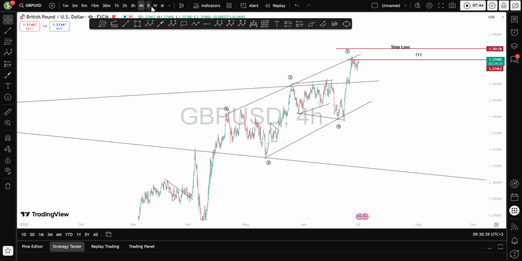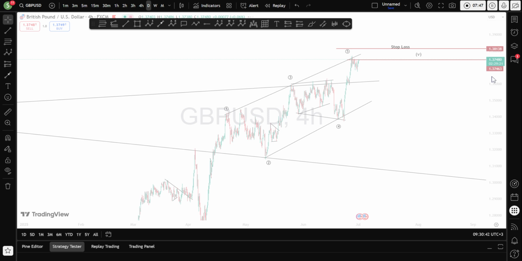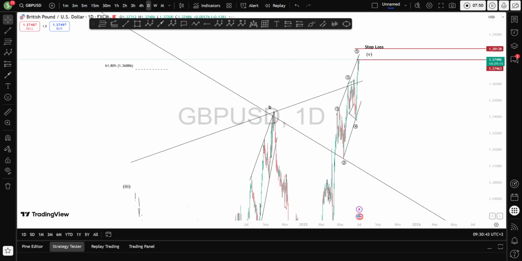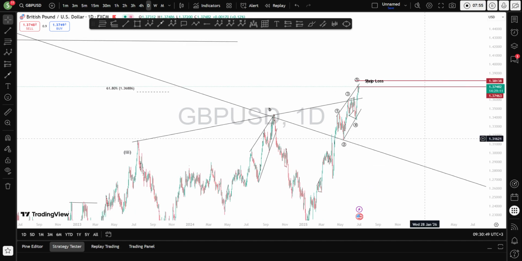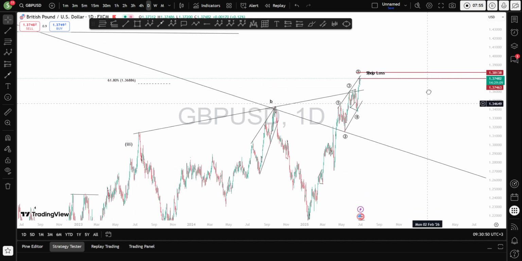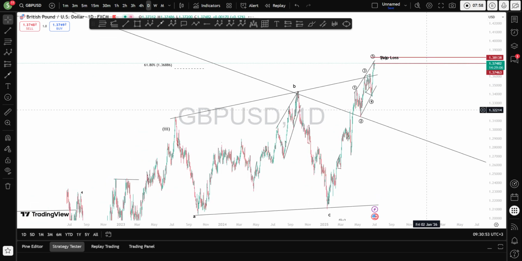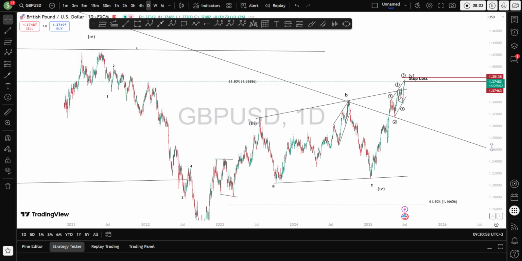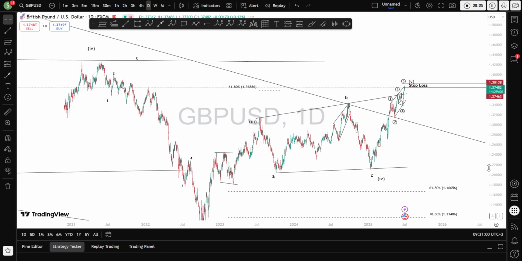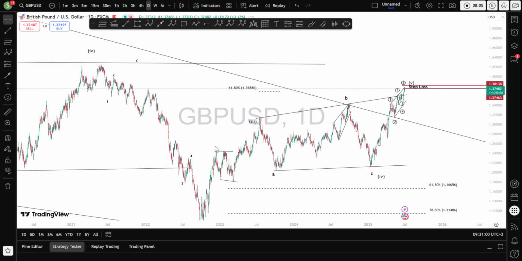If we check on daily time frame, you can check that GBPUSD has completed the 5 impulsive waves, which was 1, 2, this 3, this 4, this 5.